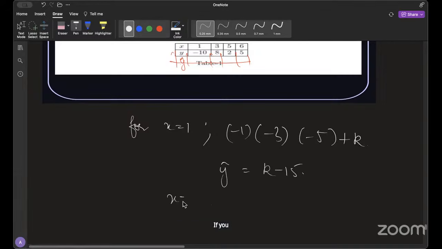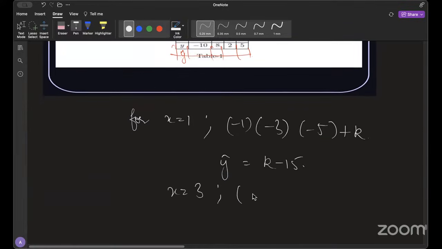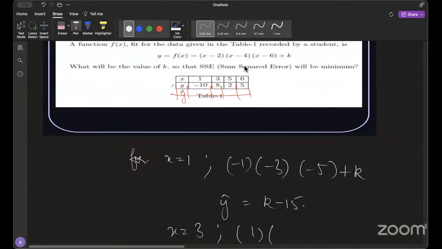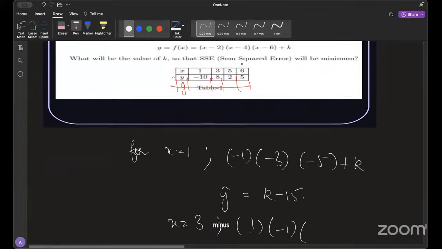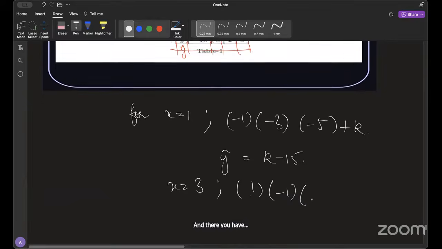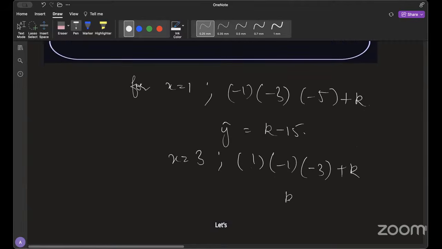If you do x equals 3, you will have 1, then -1, and here you will have 3 minus 6, which is -3 plus k. This will be k plus 3.